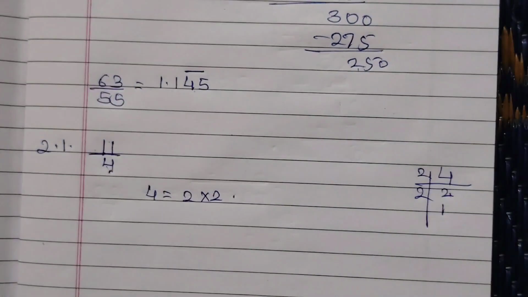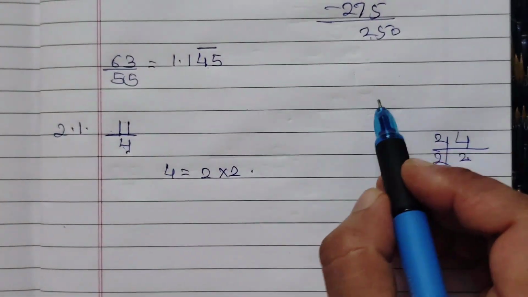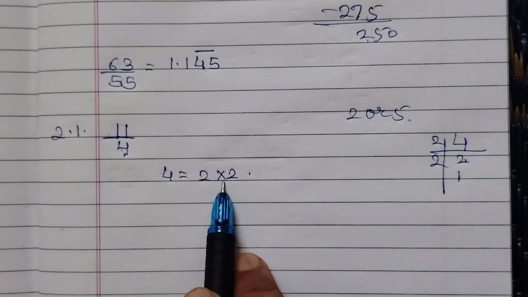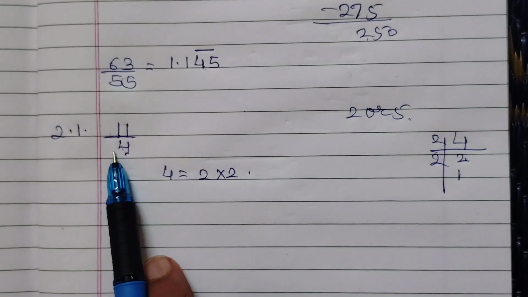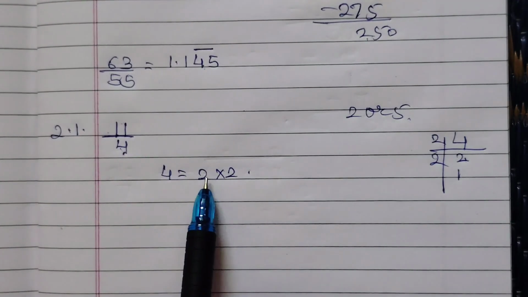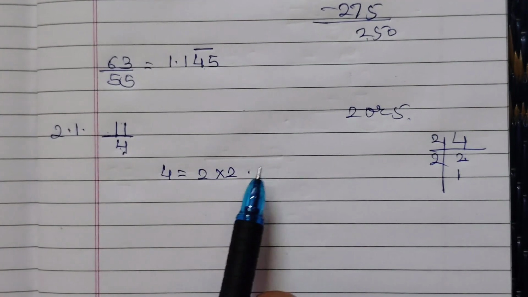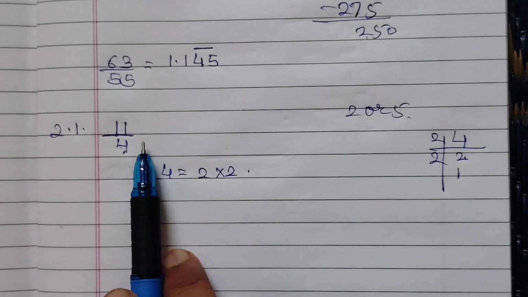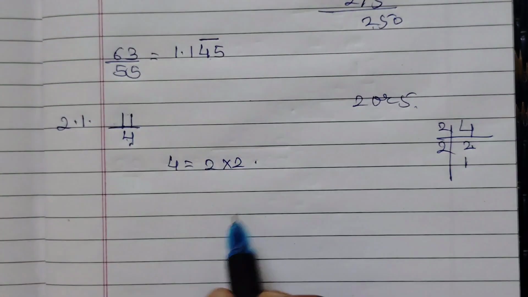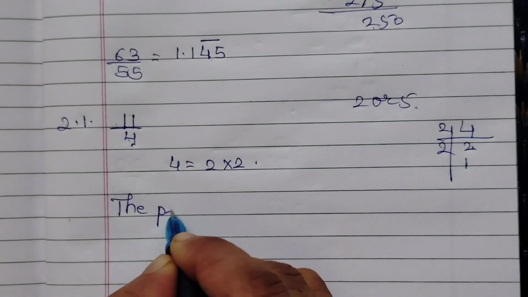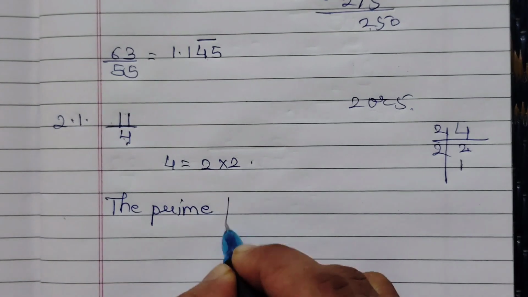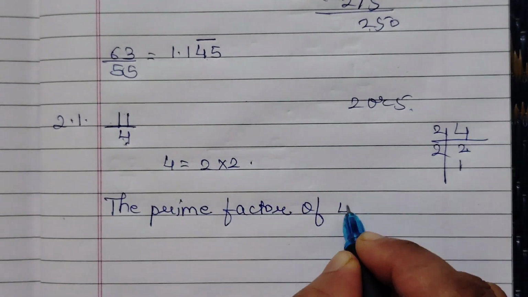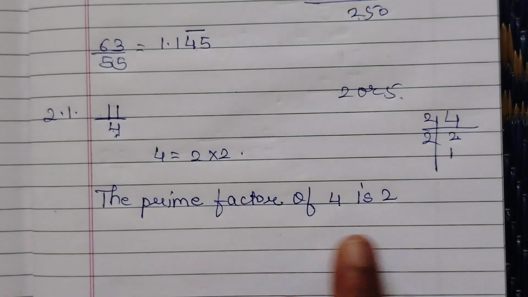Whenever you get 2 or 5 as the prime factors, then we say it is a terminating decimal representation. But other than 2 and 5, if in other numbers you are getting like 3, 11, whatever, then it is a non-terminating decimal representation. So here what we got, 2. So we'll write: the prime factor of 4 is 2.